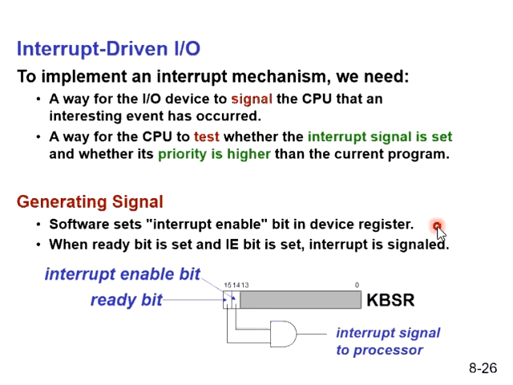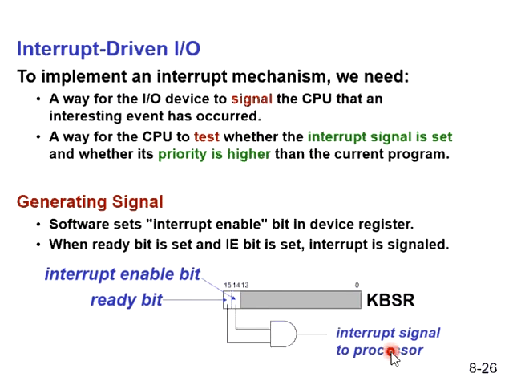For example, in KBSR, bit 14 is the interrupt enable bit. Do you remember bit 15? That is the ready bit. This is bit 14, which is used to generate the interrupt signal to the processor.